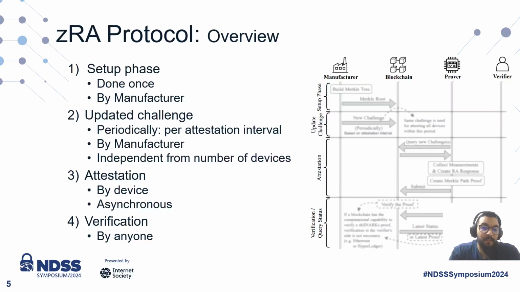And in the third phase, devices use the latest global challenge to provide their proofs, and this is done asynchronously, so the devices can miss multiple challenges, go to sleep or wake up and then attest themselves. And the last phase is the verification that is done independently and can be done by everyone.